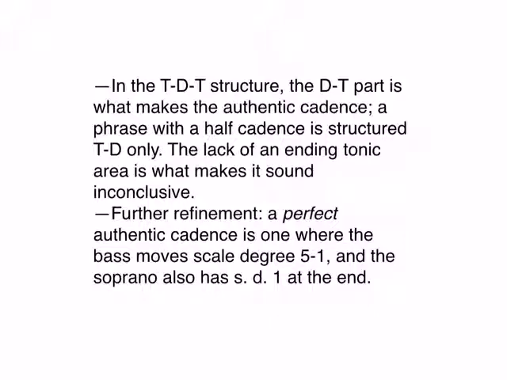Here's a further refinement. Among the authentic cadences, the perfect authentic cadence is one where the bass moves from scale degree 5 to scale degree 1, and the soprano also has scale degree 1 at the end. Let's go back to this example we just heard.